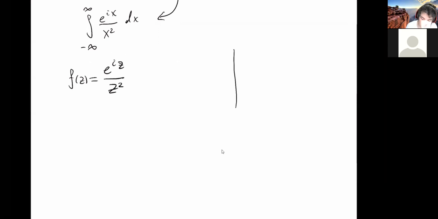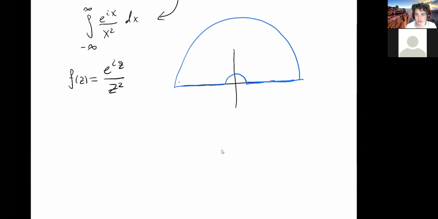And what's our contour? So our contour is the same as it was on Wednesday. So we need to go around the origin, and then we have this circle. We need to go around the origin because at the origin we have a problem.